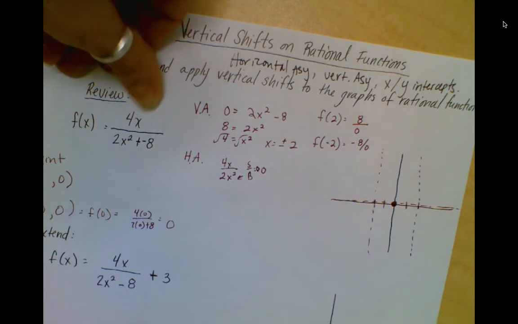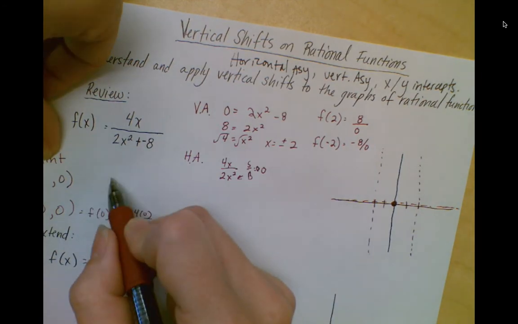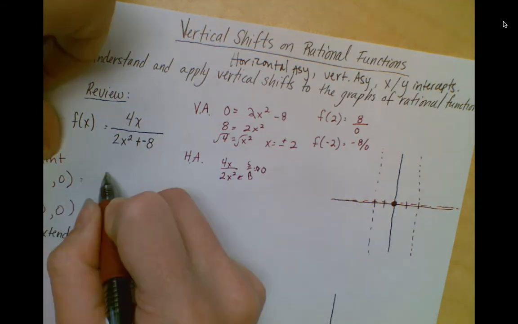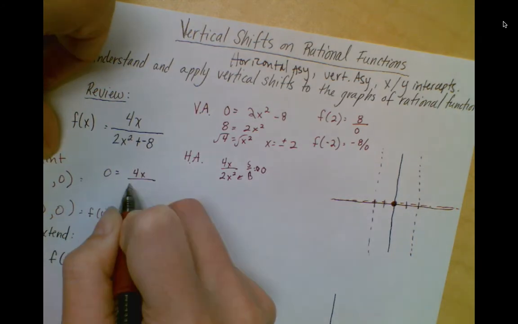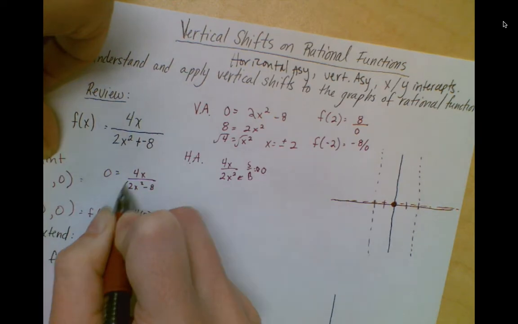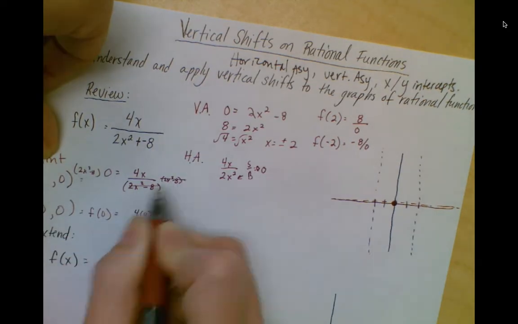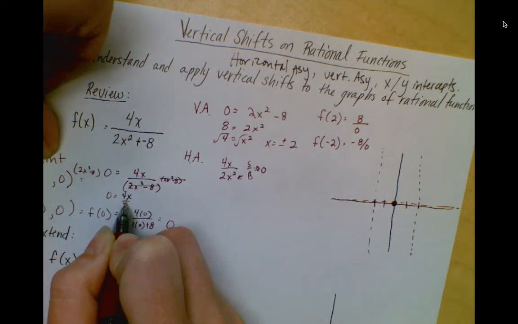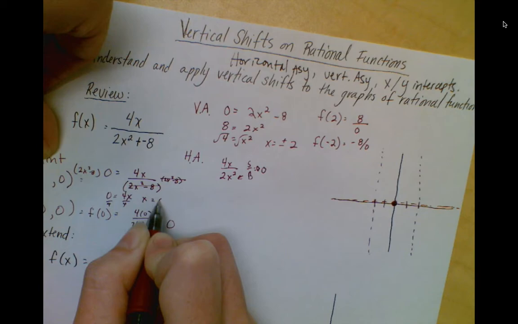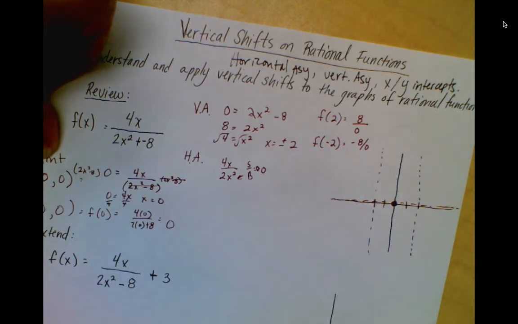And our x-intercept: 0 equals 4x over 2x squared minus 8. I multiply both sides through by the denominator, so 0 equals 4x. Divide through by 4, and we get x equals 0. So we only have one intercept here. The x-intercept is the y-intercept, and the y-intercept is the x-intercept.